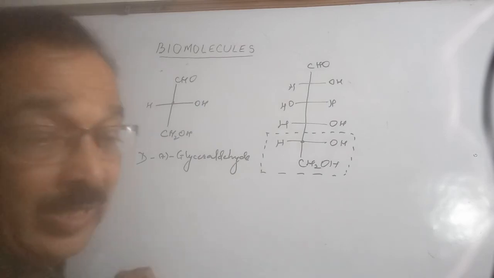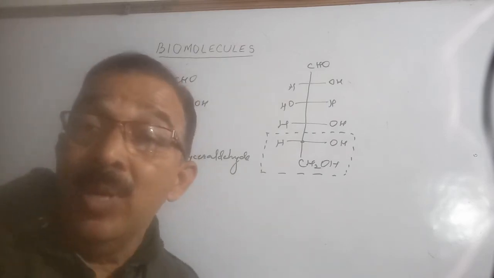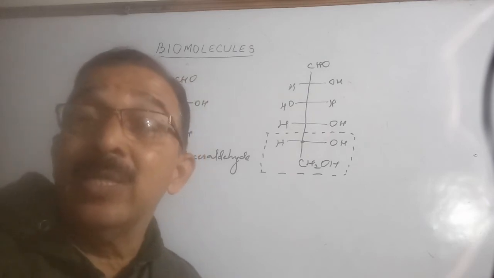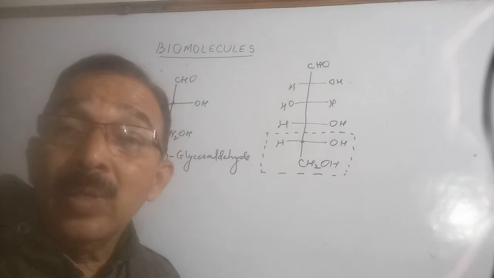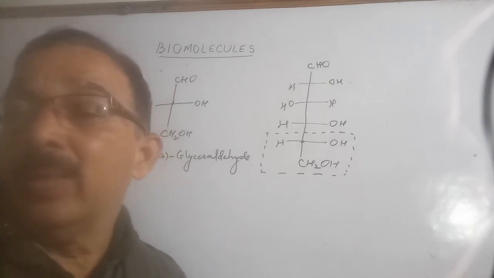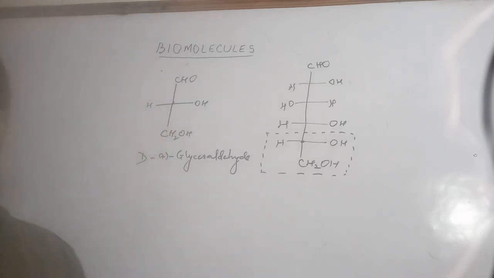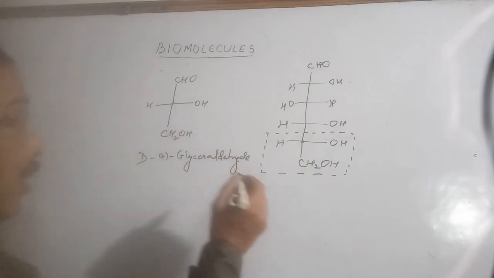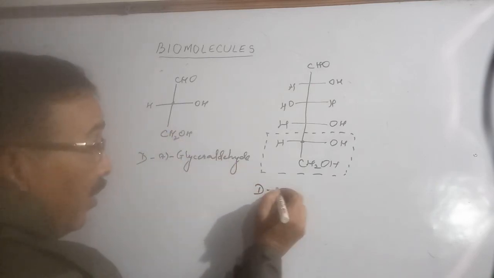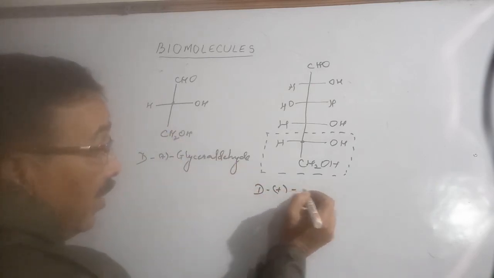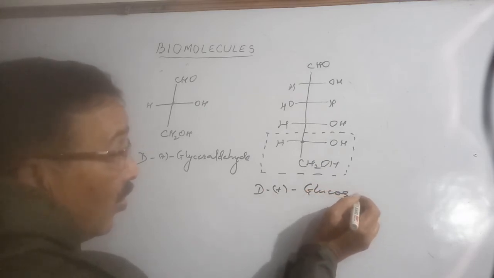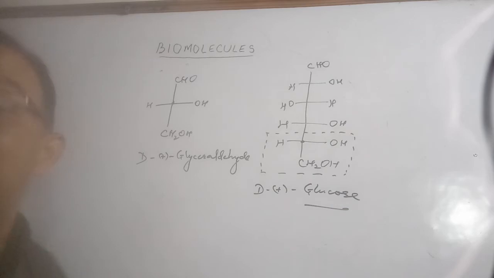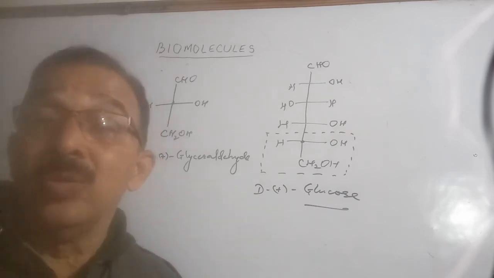You know the meaning of asymmetric carbon, that is a carbon whose all the 4 valencies are fulfilled by different groups or atoms. So that's why it is D plus glucose.